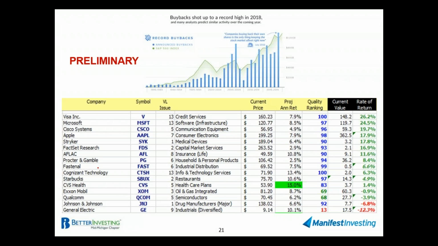I see CVS, GE, Qualcomm down near the bottom. Now, of course, Qualcomm really did a big one today with its huge jump up in price because of its settlement with Apple.